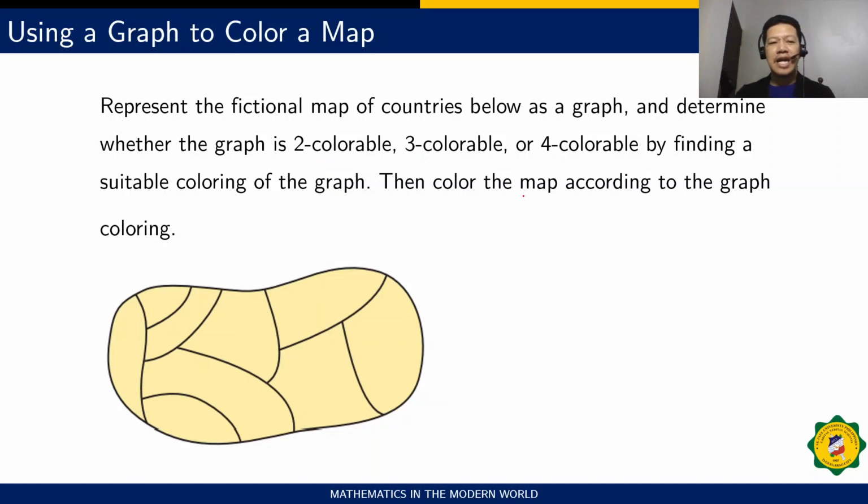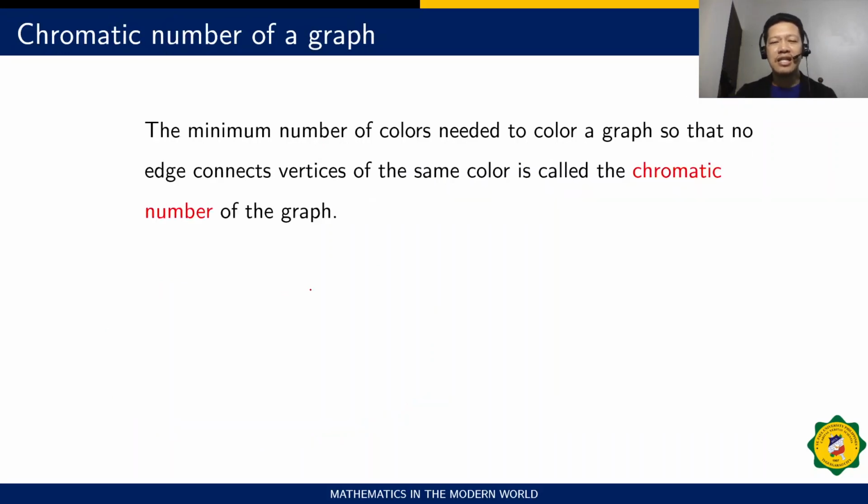And that number of colors that you use in coloring a map is what we call the chromatic number of a graph. It is the minimum number of colors needed to color a graph so that no edge connects vertices of the same color. That's what we call the chromatic number of a graph.